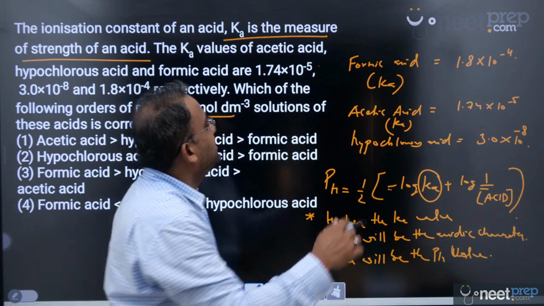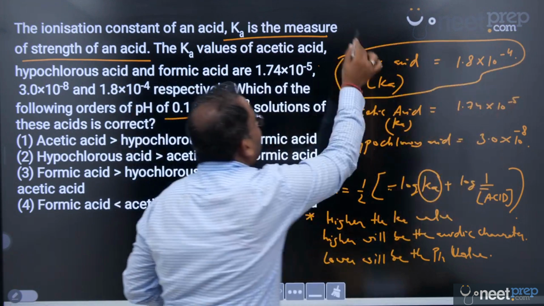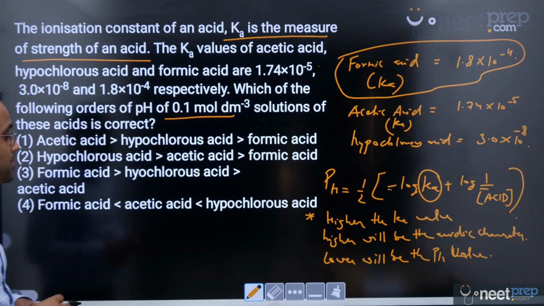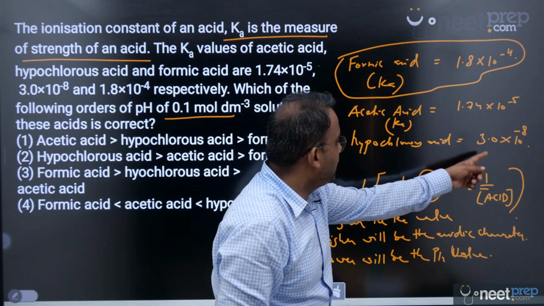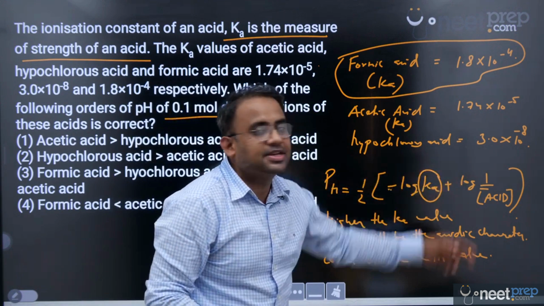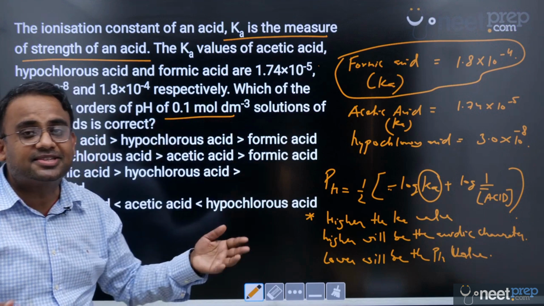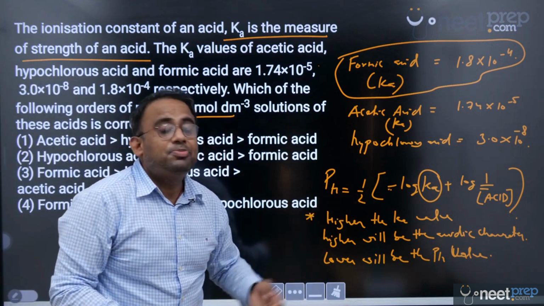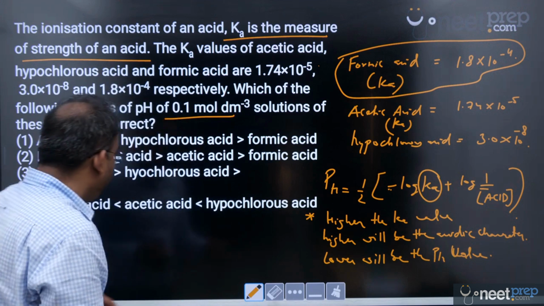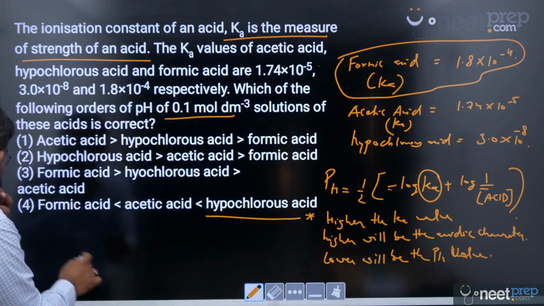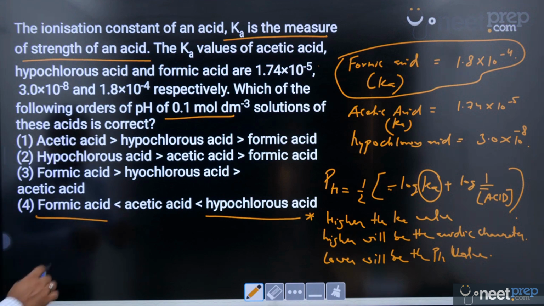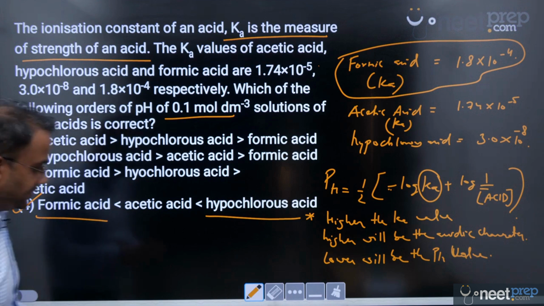So formic acid has the highest Ka value, so its pH is going to be the lowest, followed by acetic acid and then hypochlorous acid. Hypochlorous acid is the weakest acid because its Ka value is lower and the concentrations of these three acids are the same, so its pH is going to be the highest. So hypochlorous acid will have the highest pH value and formic acid will have the lowest pH value. The fourth option is the correct option as far as this problem is concerned.